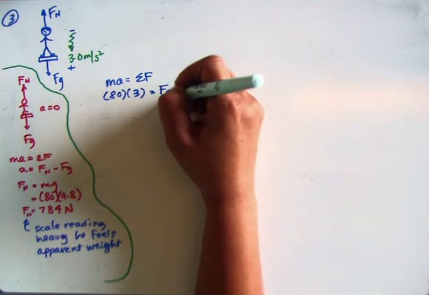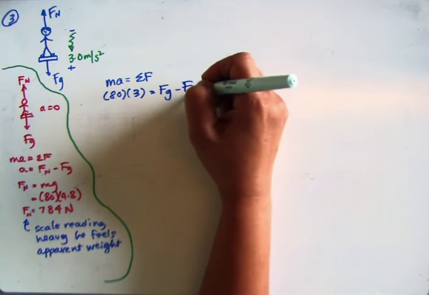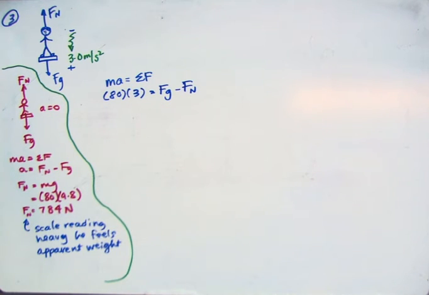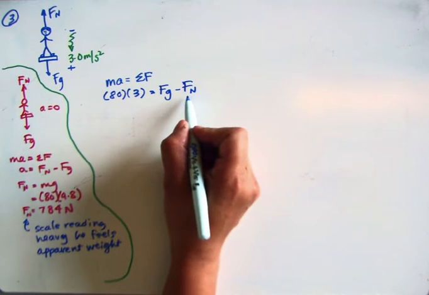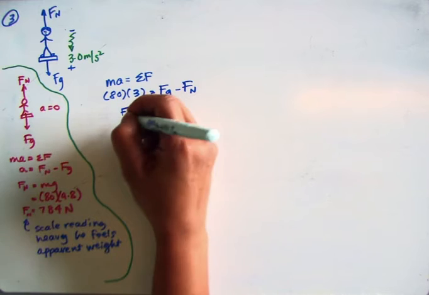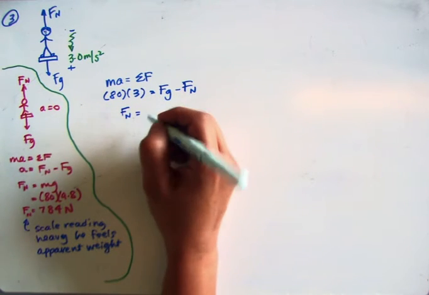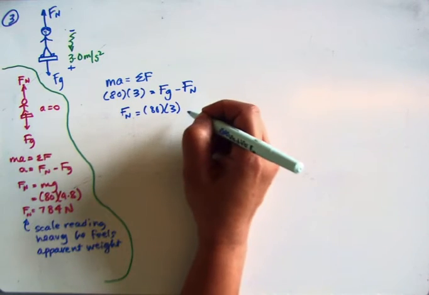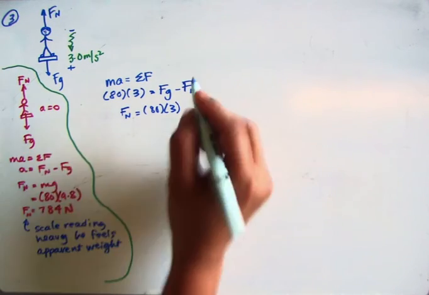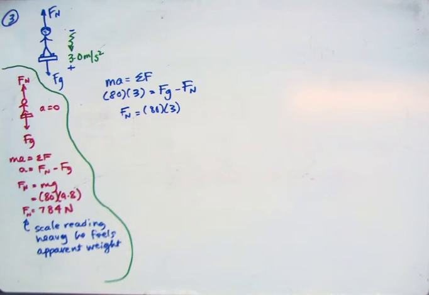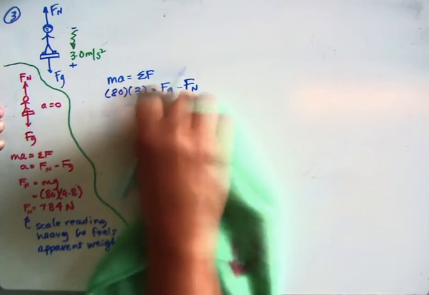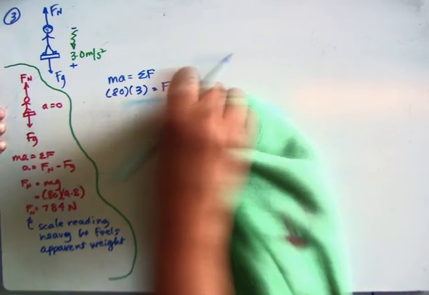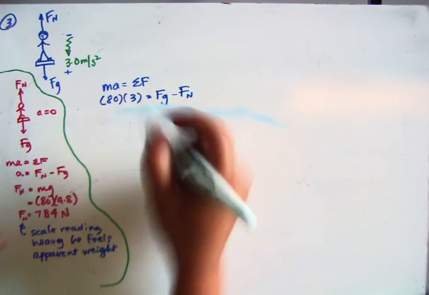So we have Fg minus Fn. And since it's asking us what the scale reading will be, we're looking for Fn. So I'm going to solve for Fn, which equals, sorry, that's not right. Let me erase that. Let's just rearrange this.